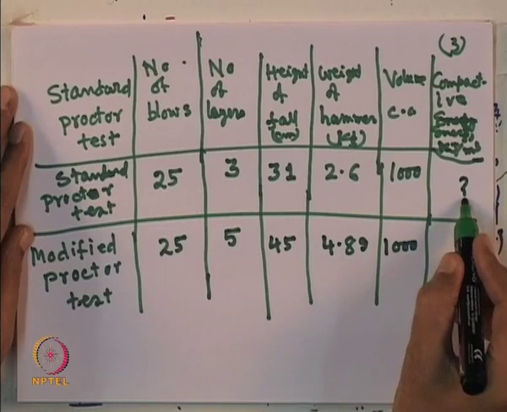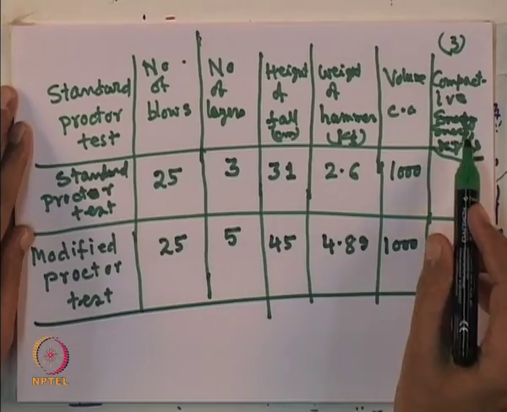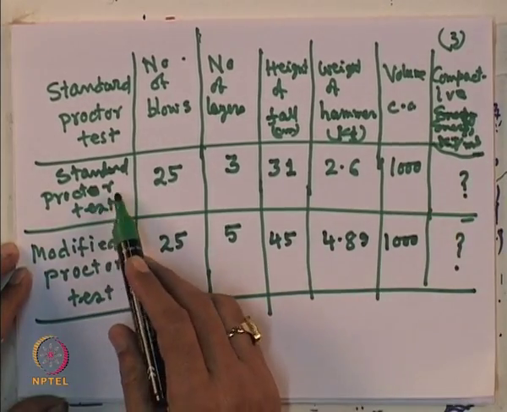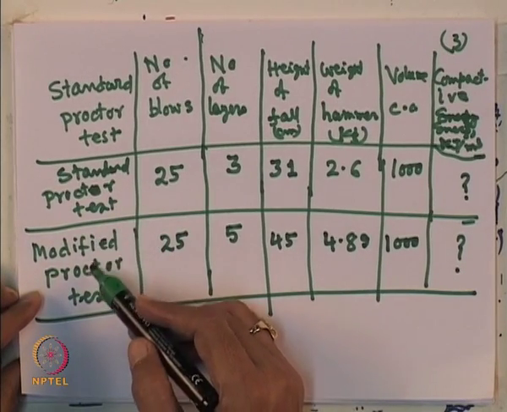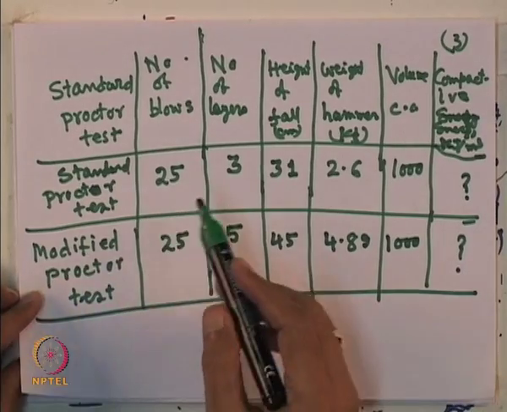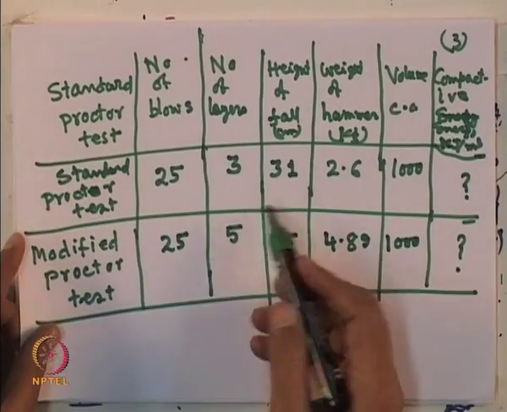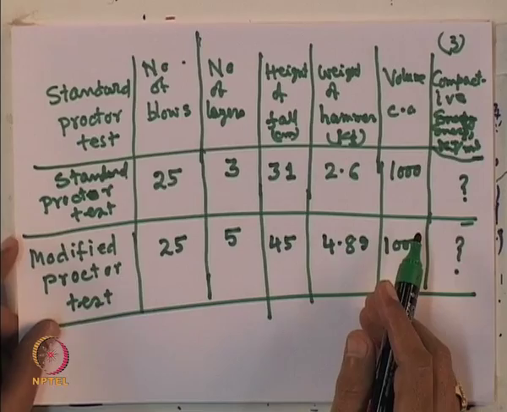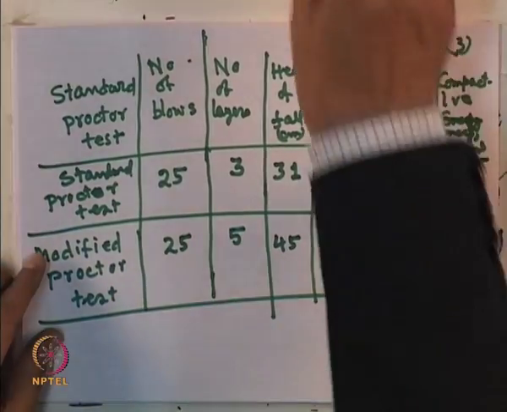So, we want to determine what the compactive energy will be in the standard Proctor test as well as the modified Proctor test, and see the difference. So, how to calculate this energy for the standard Proctor test?